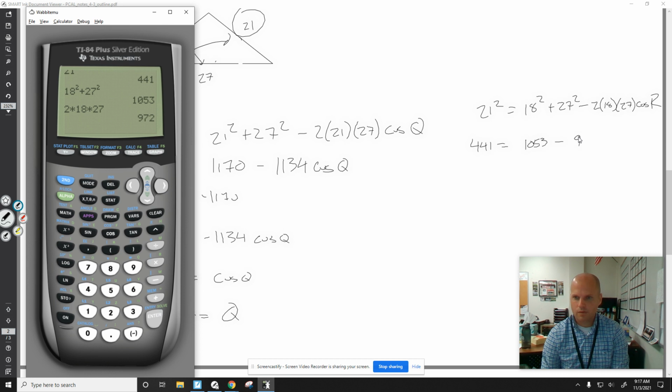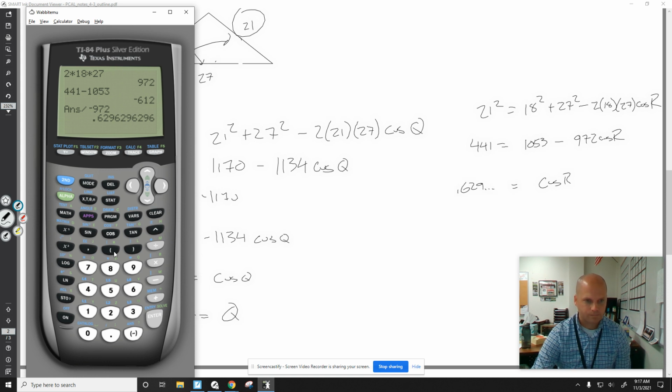This is 972. 441 minus 1053 divided by negative 972, and I get cos R equals 0.629, dot, dot, dot. Inverse cosine that, and you get 50.977 degrees. Okay. Now that I have Q and R, I can find angle S.